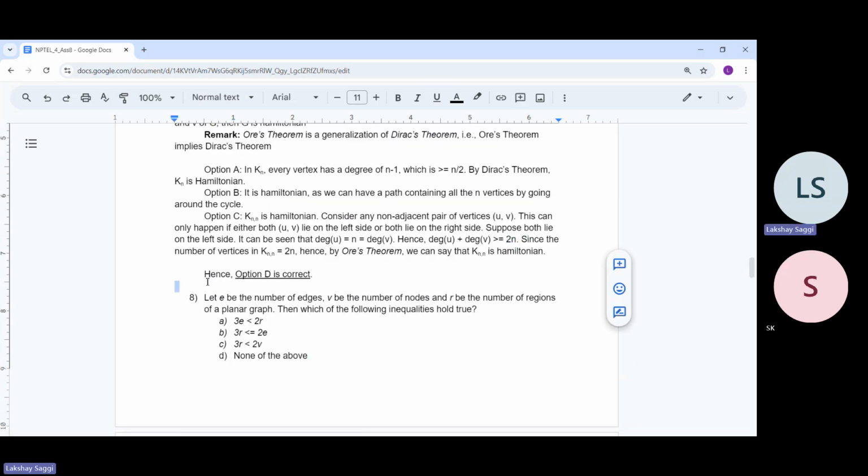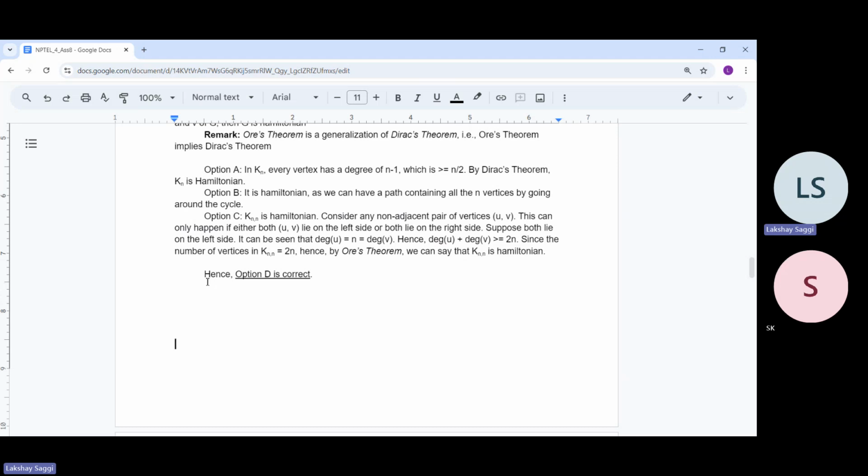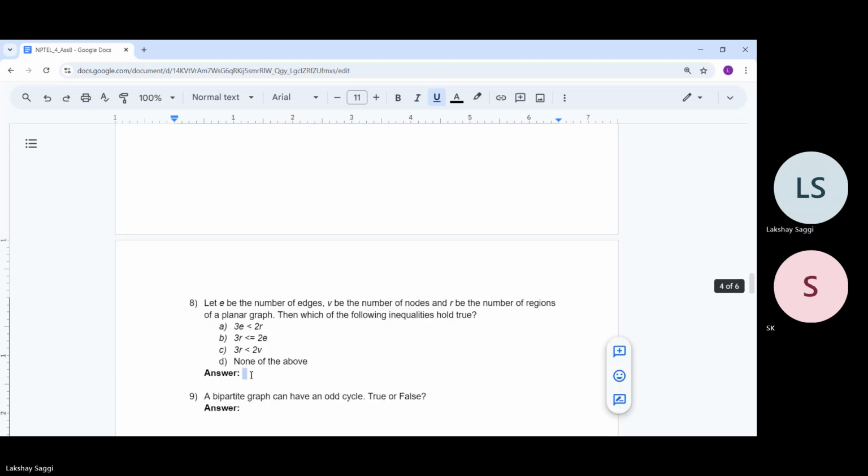Let's move on then to the eighth question. Maybe I'll just put it on the next page. The eighth question says: let E be the number of edges, V be the number of nodes, and R be the number of regions of a planar graph.